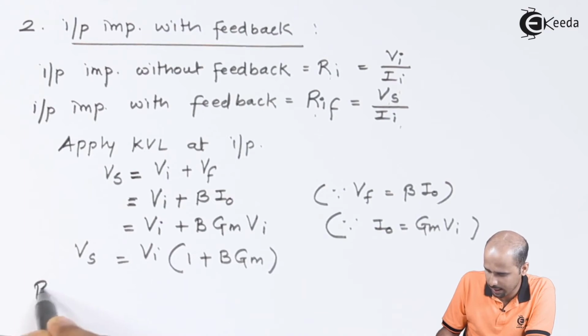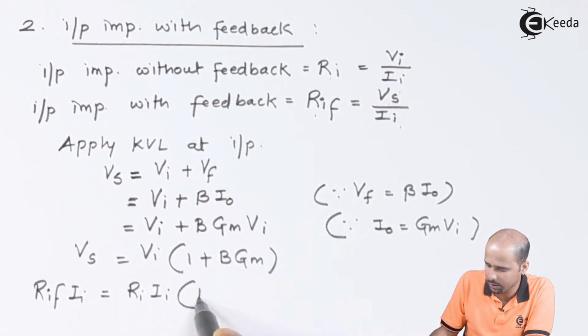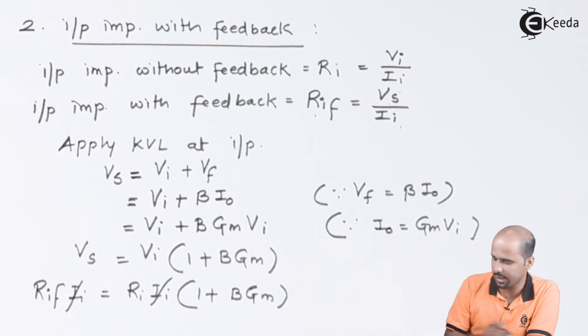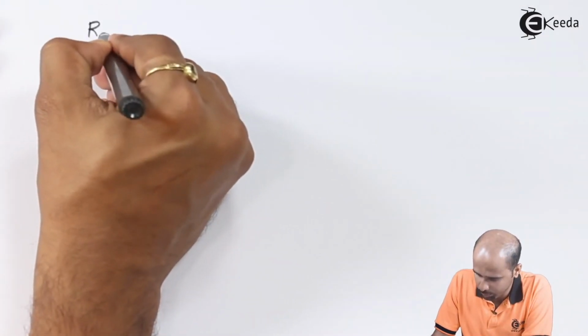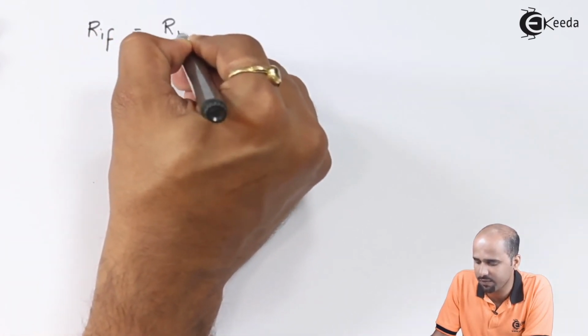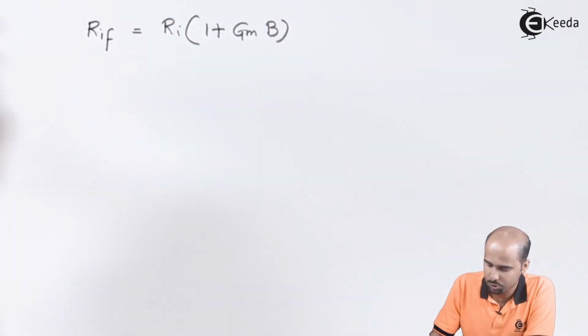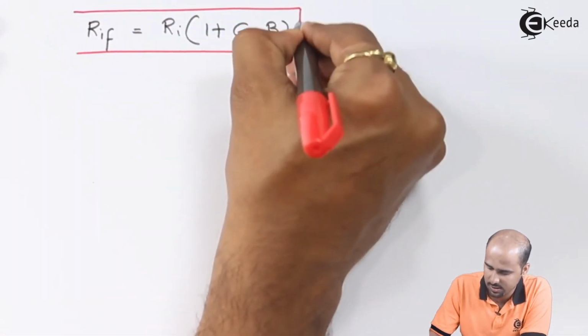We'll get Rif into Ii equal to Ri into Ii times (1 plus B into Gm), and here we will be getting the value of input resistance with feedback. I can say that Rif is equal to Ri into (1 plus B into Gm). So here I can conclude that your input resistance increases by a factor of 1 plus Gm into B. Clear? So this is nothing but the second formula that we are expecting for input resistance with feedback.